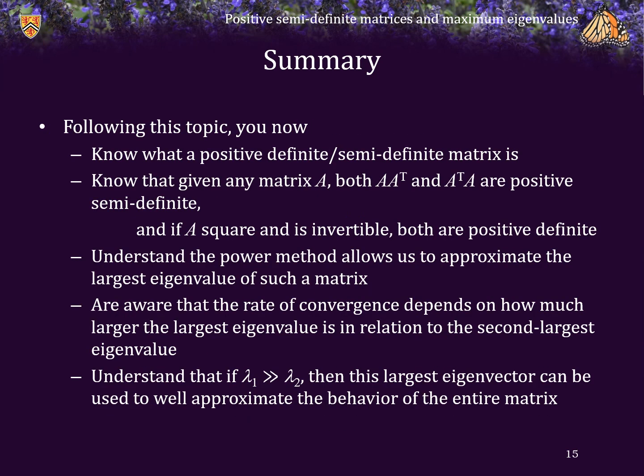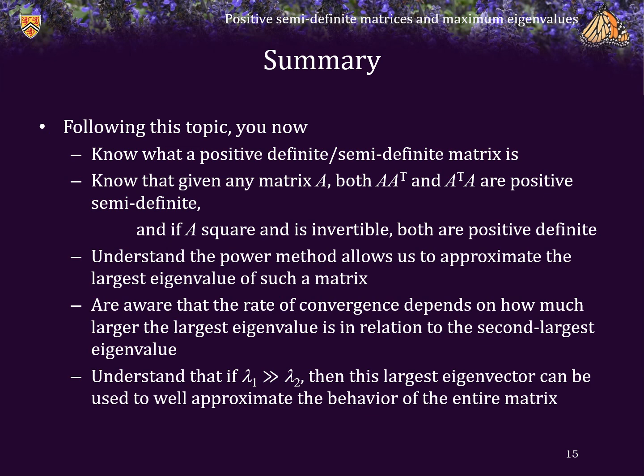All right, following this topic, you now know what a positive definite or positive semi-definite matrix is: a symmetric matrix with all positive or non-negative eigenvalues. You know that given any matrix A, square or rectangular, both A times A transpose and A transpose times A must be positive semi-definite.